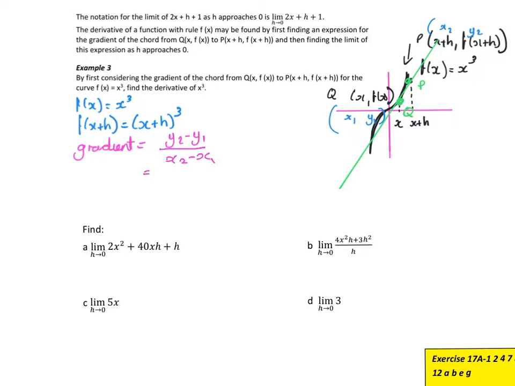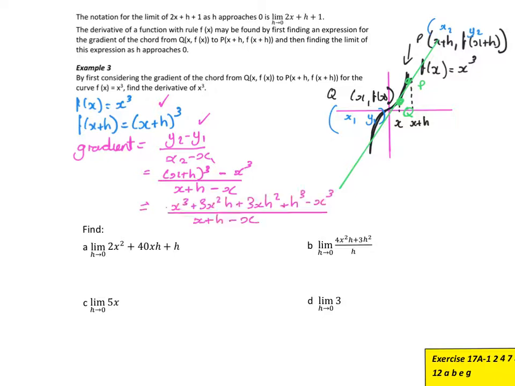We know our y2 value is f of x plus h, and we've just worked that out to be x plus h all cubed, minus our y1 value, which was f of x, and that's x cubed, and that is all divided by x2, which is x plus h, and take away x1, which is just x.